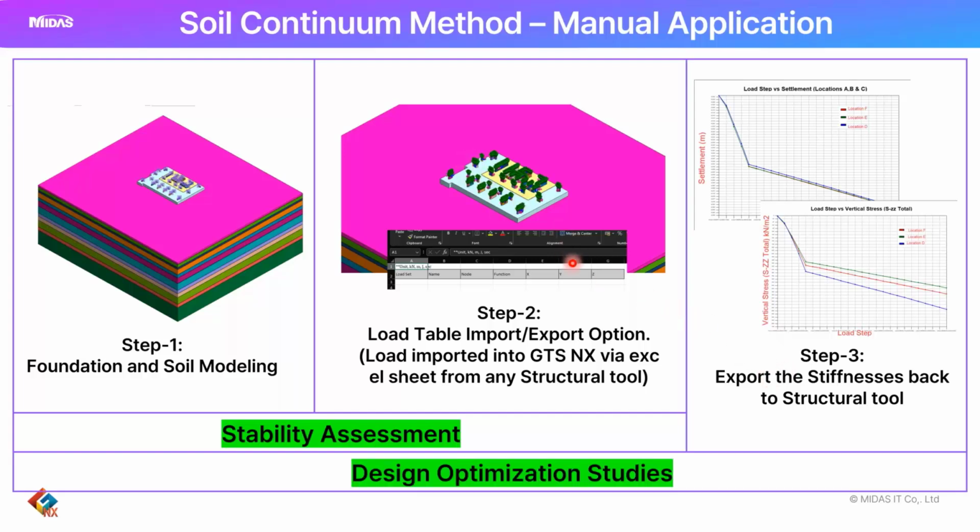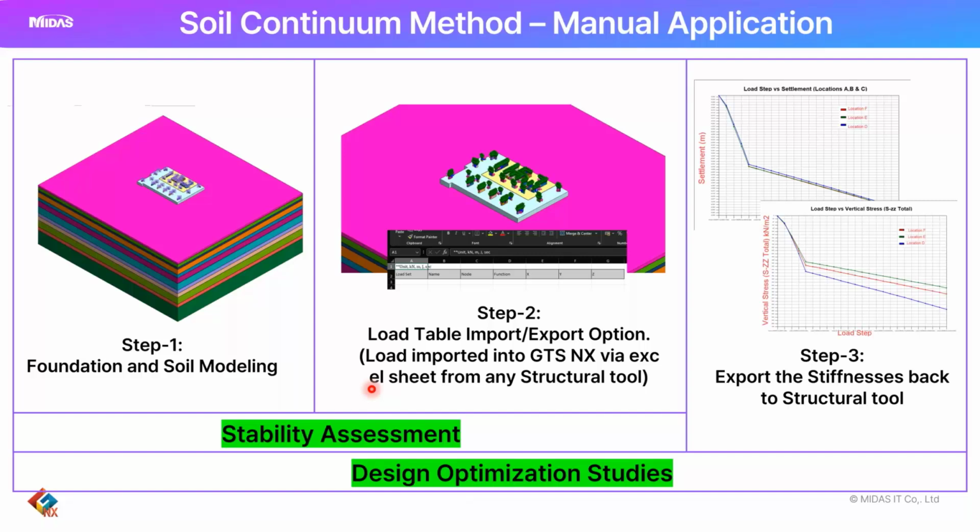Initially, the structural team uses some preliminary soil stiffnesses, and then they run the analysis. They give us the loads, and we use those loads for the stability assessments. Later on, we provide new stiffnesses, and those stiffnesses are taken back to the structural team. This will be very helpful for design optimization.